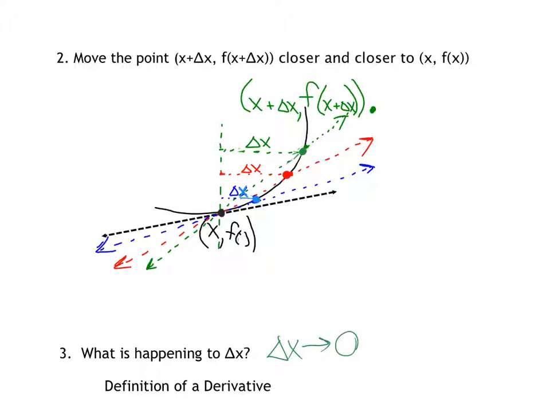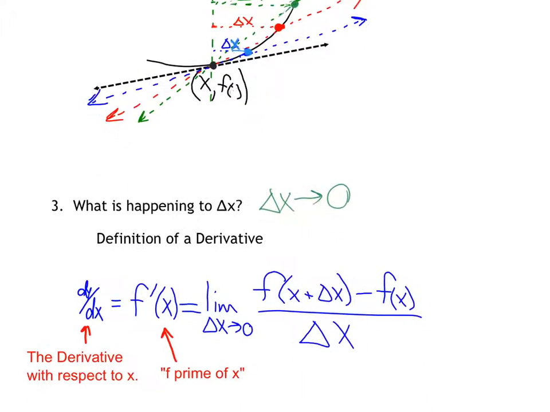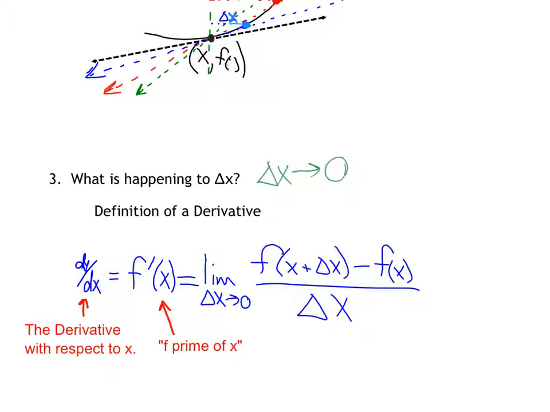So guess what? If I want the derivative at a specific point, if I want to find the slope at that specific point, we find the limit as this delta x approaches 0, and that is what the derivative is, okay?